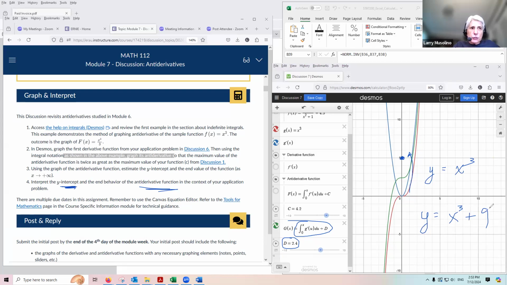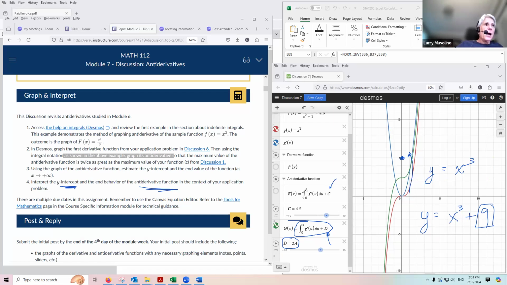Because when you take the derivative of a constant, you get 0. So when you're taking an antiderivative, you might not know what the constant was in the original function, if any. And so usually what we do is we include this arbitrary constant. Usually we call it a c, but you can call it anything you want.